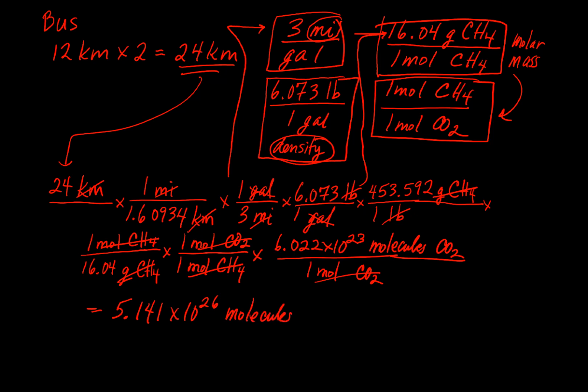The final thing you want to do here is multiply this by 180. The other piece of information you're given is that there are 180 days of school per year.